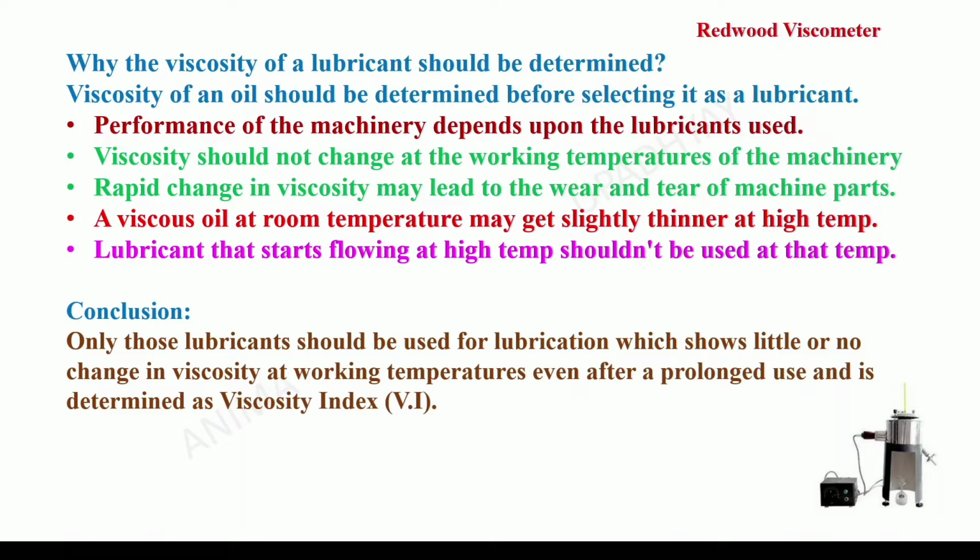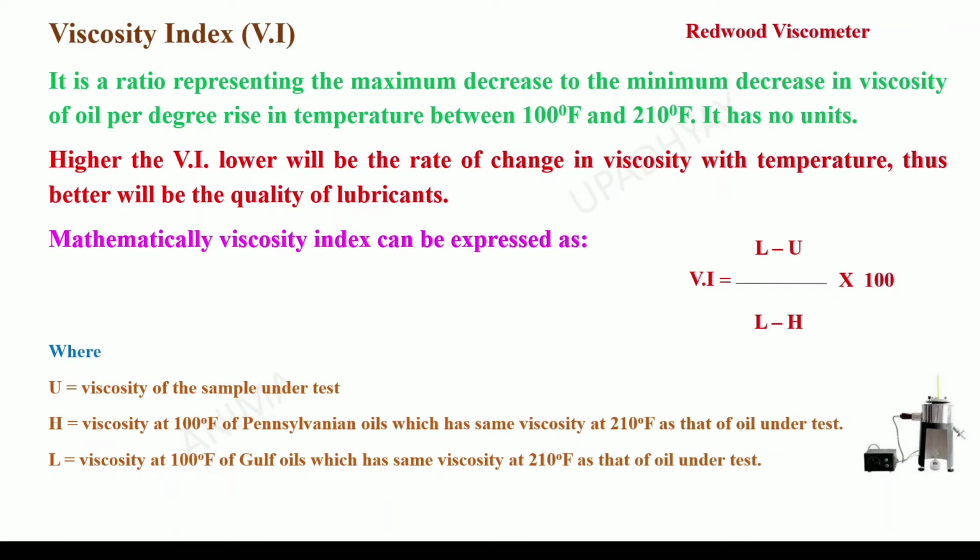And this property of a lubricant which states about the thickness of the lubricant is determined as viscosity index, abbreviated as VI. So what is viscosity index? It is defined as a ratio representing the maximum decrease to the minimum decrease in viscosity of oil per degree rise in temperature between 100 degree Fahrenheit and 210 degree Fahrenheit.